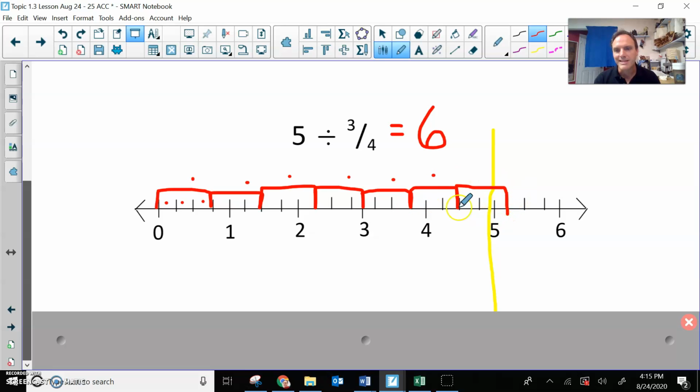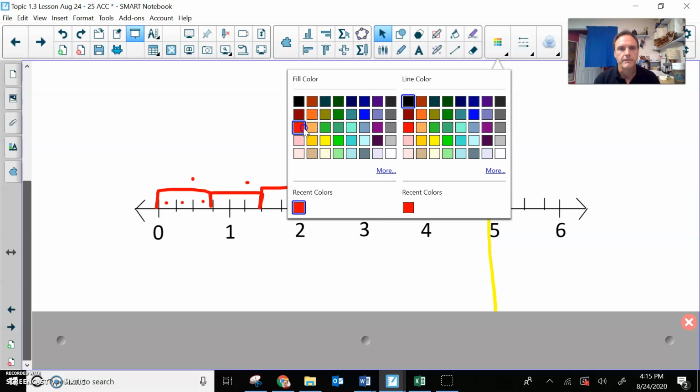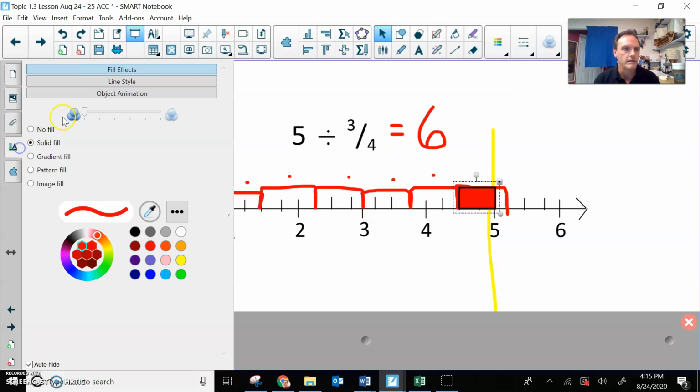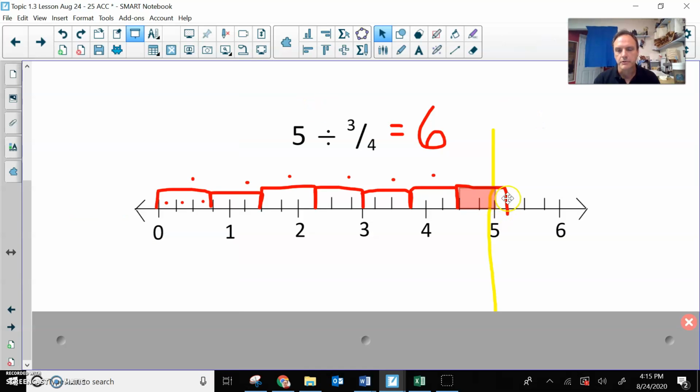But what is this section right here? I can see there are 2 of these sections right here. However, that's not a full group right there. So I'm going to fill it in and make it all transparent here. That's not a full group. I still need one little section right here. So what fraction of a whole group is showing right here?